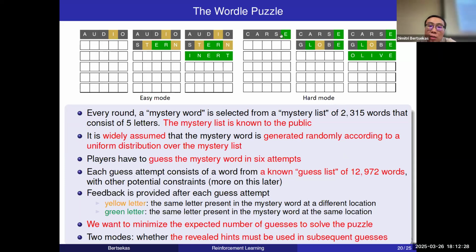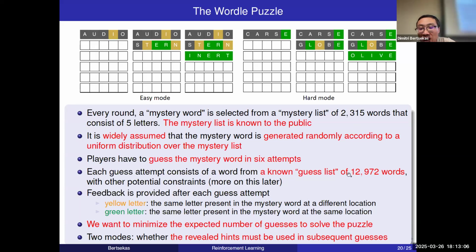Which means if the feedback tells you that E is present in the mystery word at the end of the word, then the next guess cannot be freely selected from the 12,000 words, but rather you have to select a word with E at the end. So the options you can select are greatly restricted.